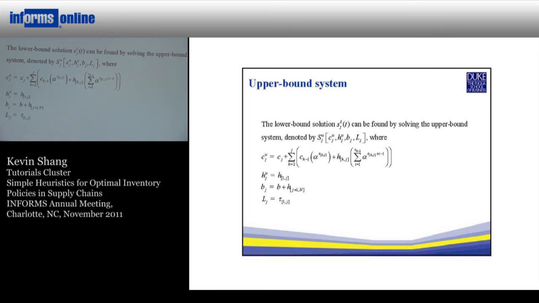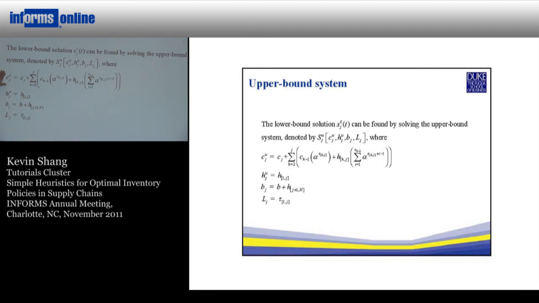These three are the same as I showed you in the IID situations. Holding cost is the stage 1 local holding cost. Lead time tau is the total lead time from stage 1 to stage J. And the penalty cost is exactly the same as I showed you earlier.